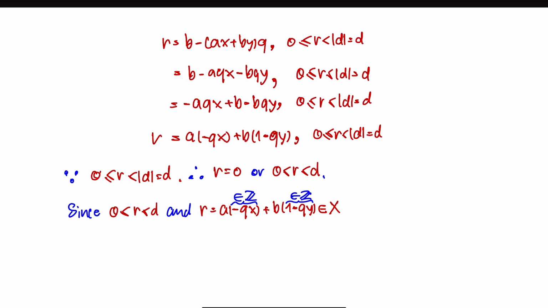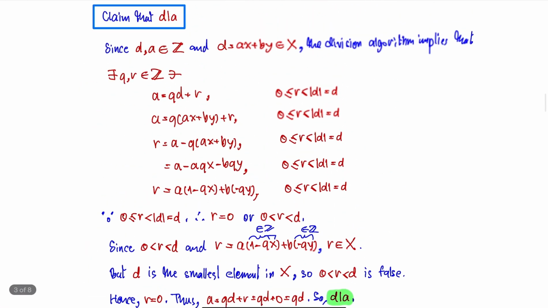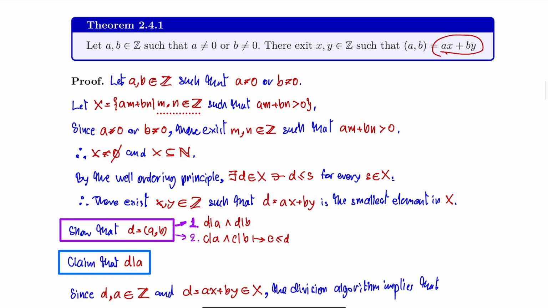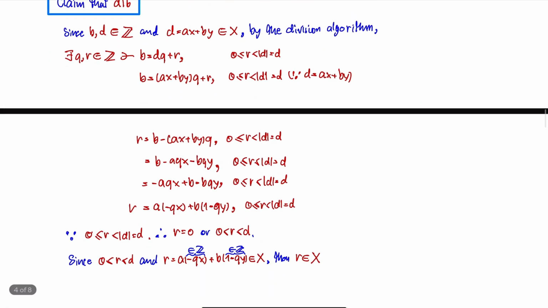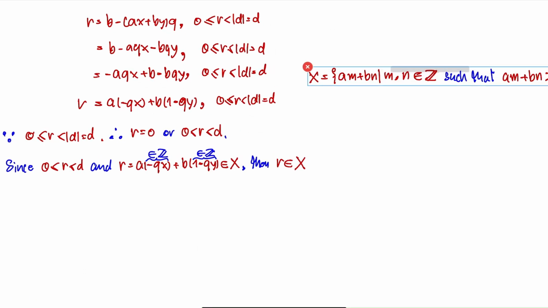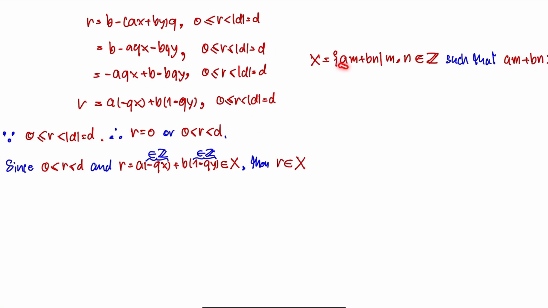Okay, then what do we have? That means that r is in set X. Do not forget the set X. Our set X is here, which is a set of a m plus b n, where a and b are integers, m is an integer, and n is an integer.